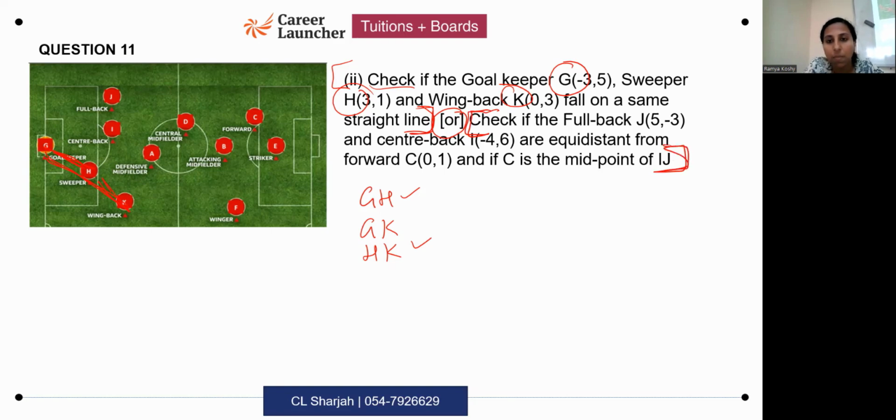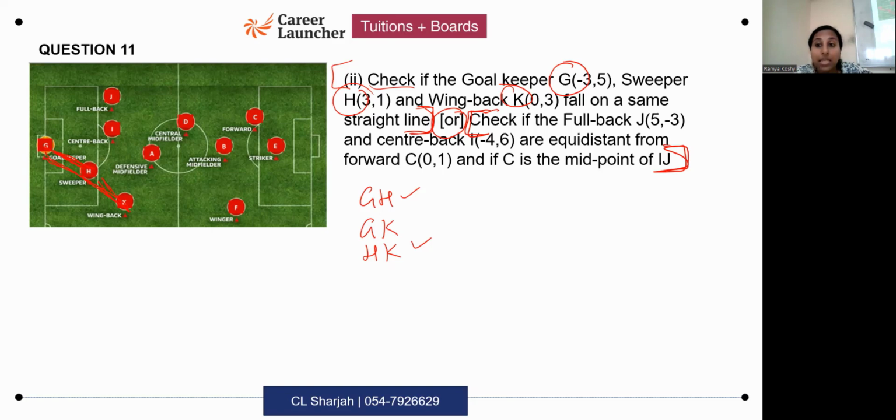Now, JC equal to CI or IC, the distance of equidistant questions. If a point is equidistant from two other points and the 3 points are on a same straight line, then you are using the midpoint formula. I'm repeating.